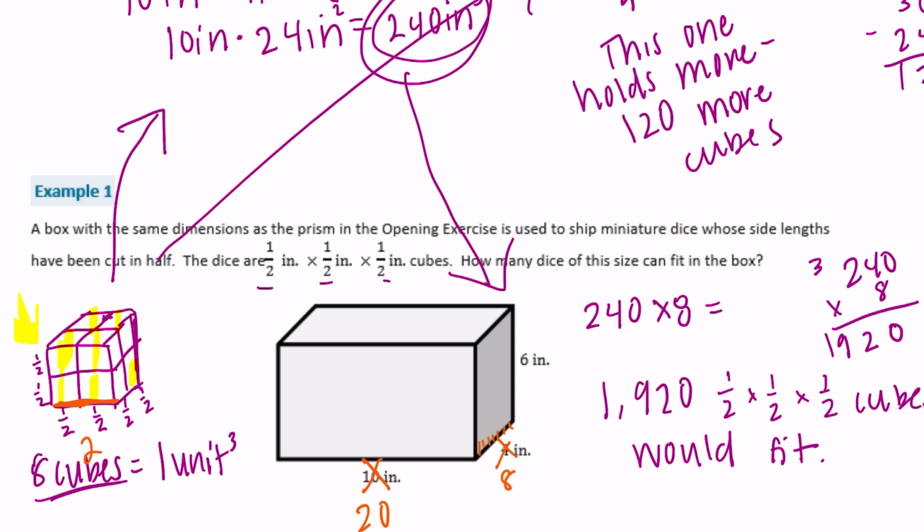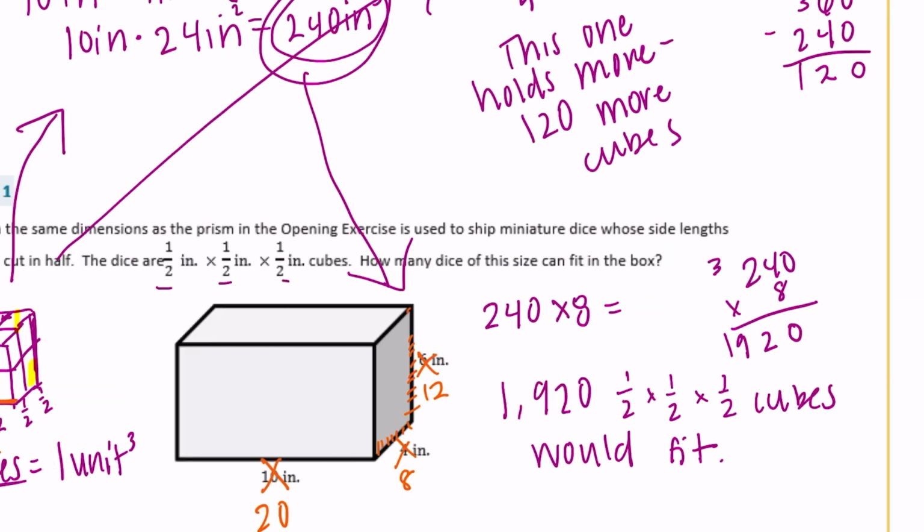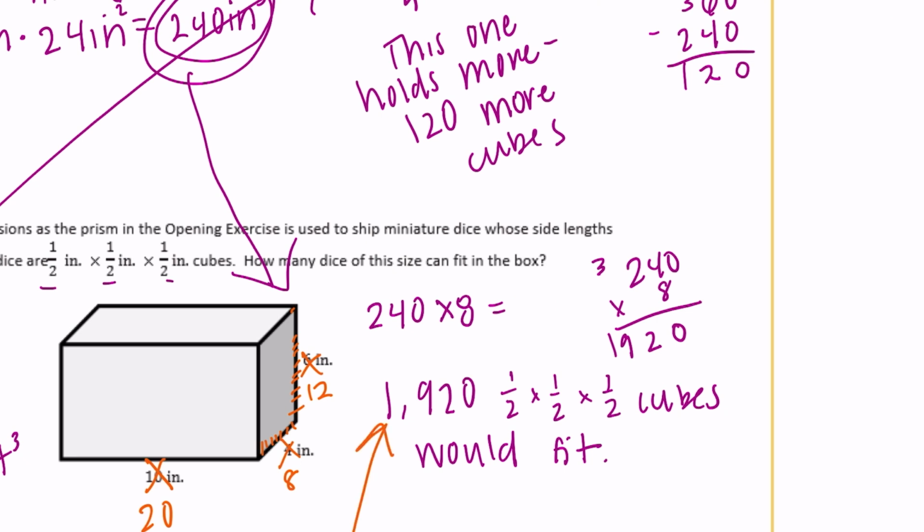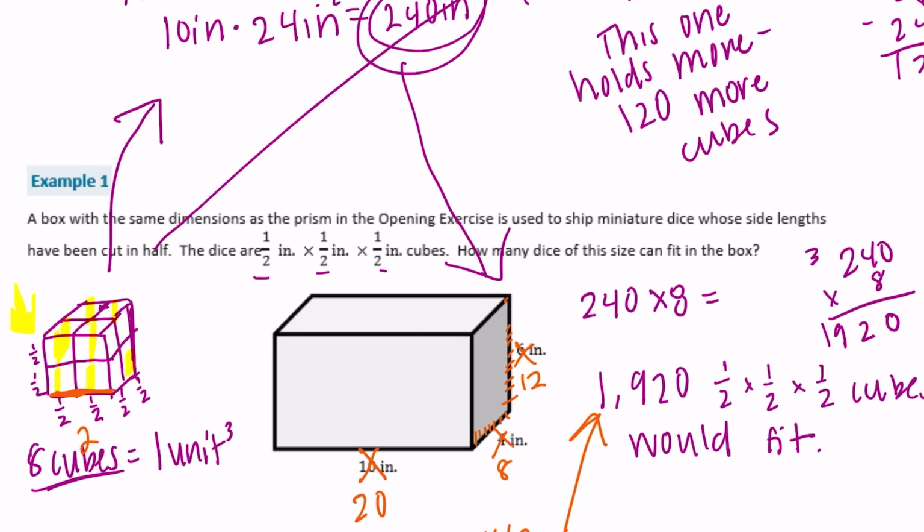And double 6 and make it 12, because we could fit 12 little halves all the way up. And 20 times 8 times 12 should get you 1,920. So there's another method to solving that.